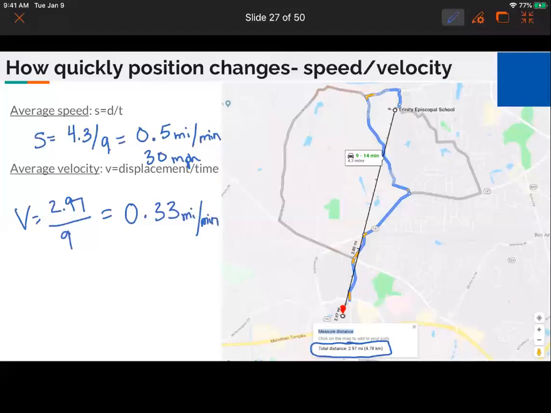And for that one, you get 0.33 miles per minute. Which is about equal to 20 miles per hour. So if you could travel in a straight line, then your average velocity would only be 20 miles per hour.